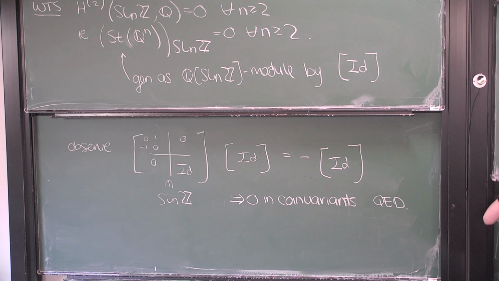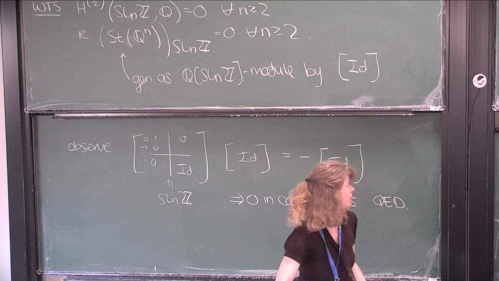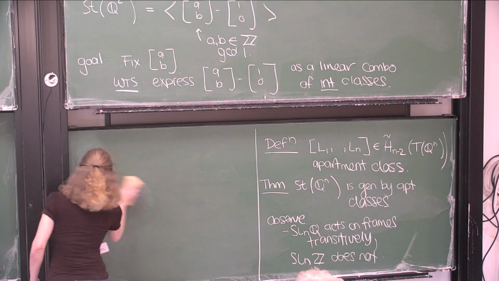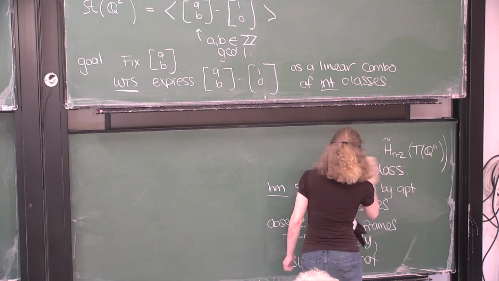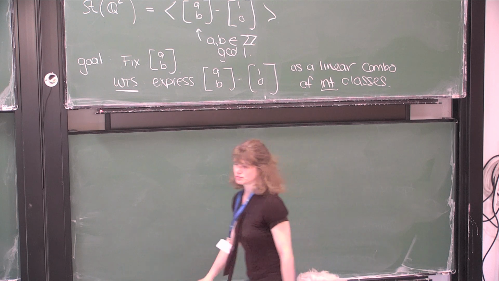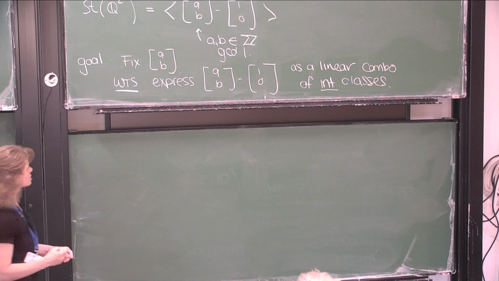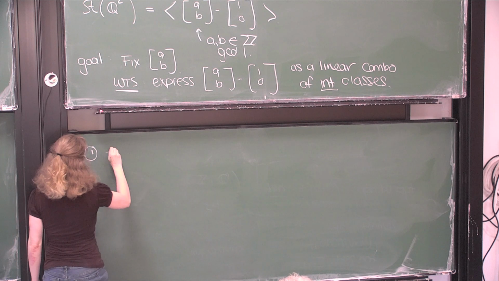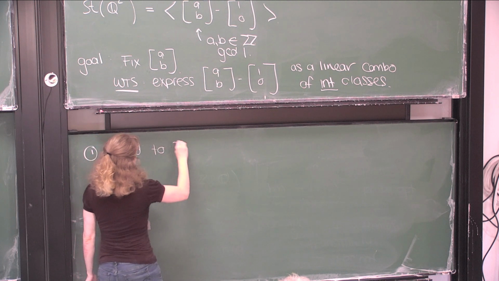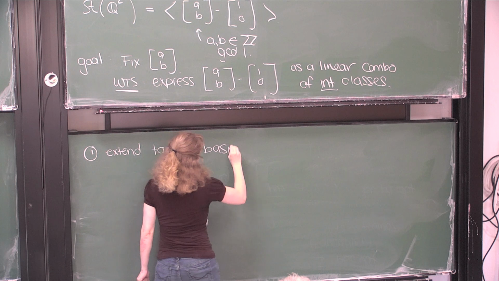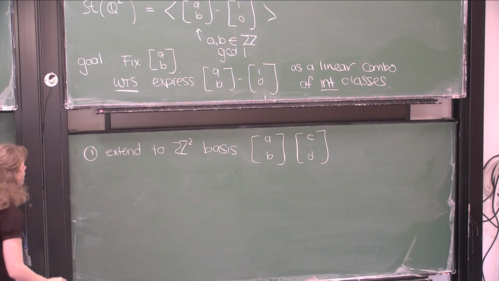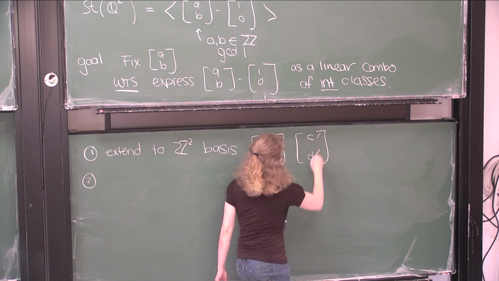And so we're going to do that using the Euclidean algorithm and induction. Okay, so here are the steps. First I'm going to arbitrarily extend this to a basis of Z^2 just by choosing any complementary line (c, d), and then maybe I'll call this (c', d').